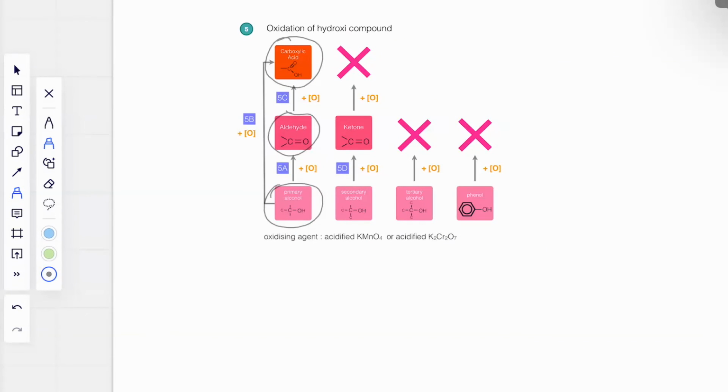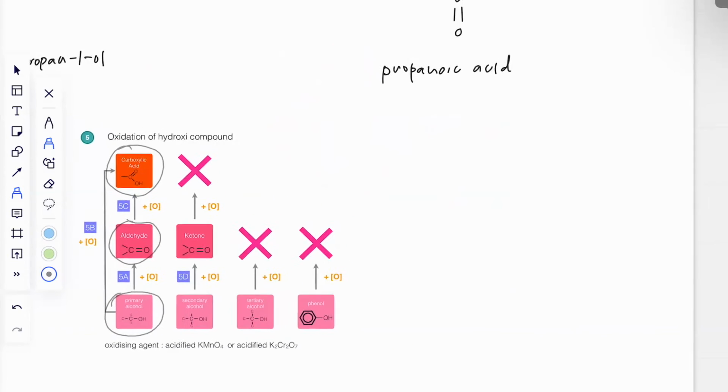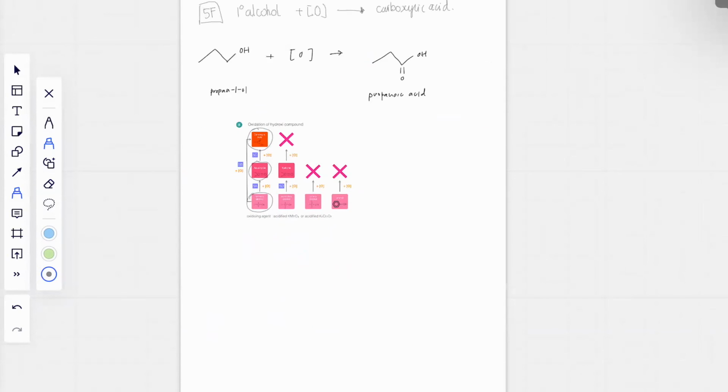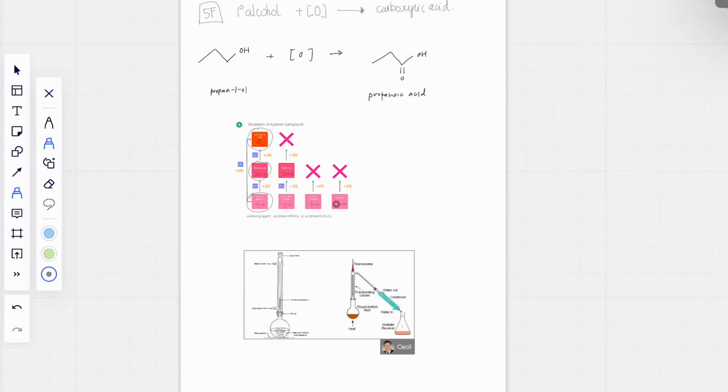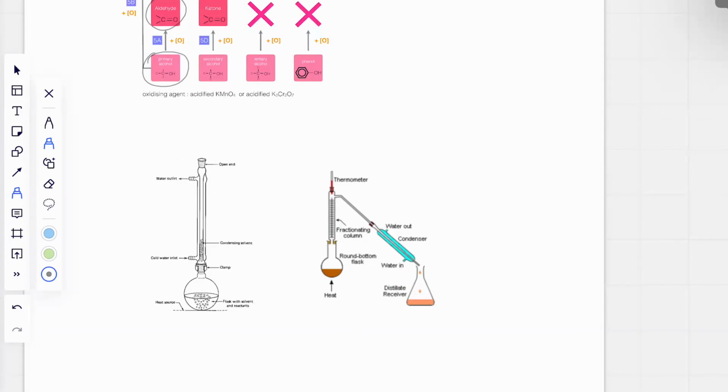If you want to control it, there's a way, a procedure, for you to get what you want, whether you want carboxylic acid or aldehyde.